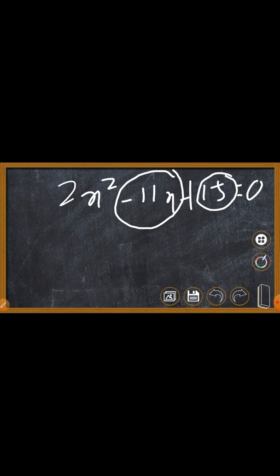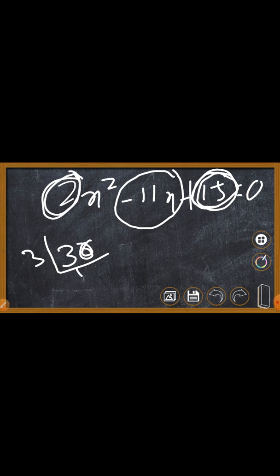Since this x square has a 2 multiplied with it, you multiply 15 and 2. 15 2s are 30. You prime factorize 30: 3 10s are 30, 2 5s are 10, 5 1s are 5. How do you get 11x from this? 3 2s are 6, and then 6 plus 5 is 11.